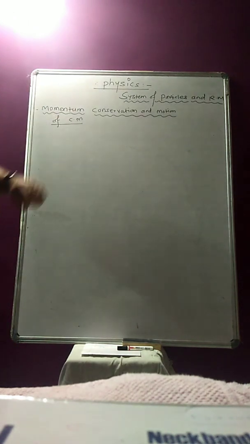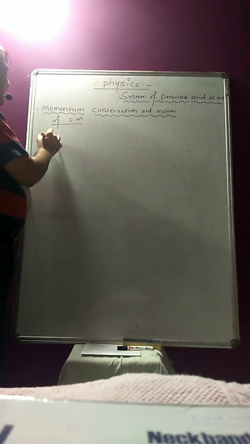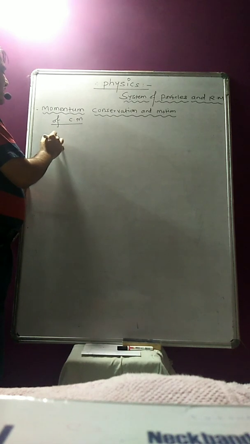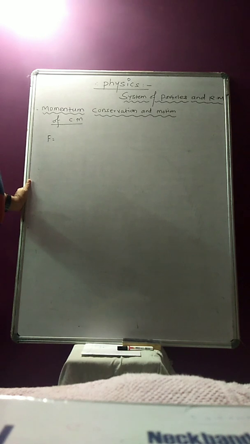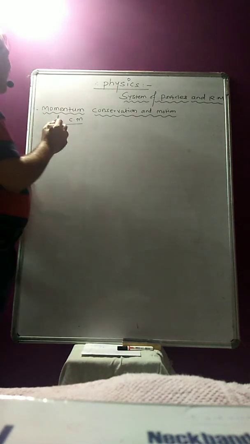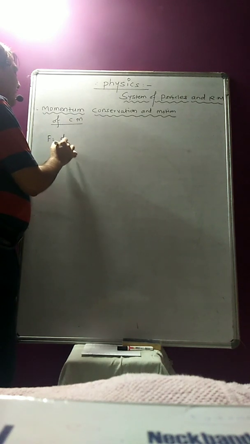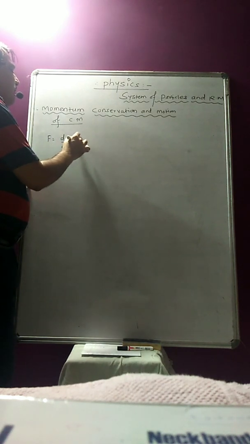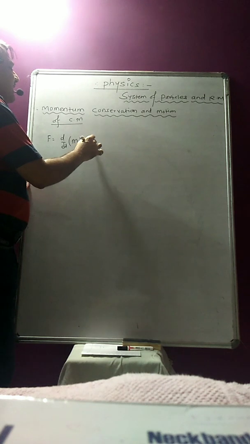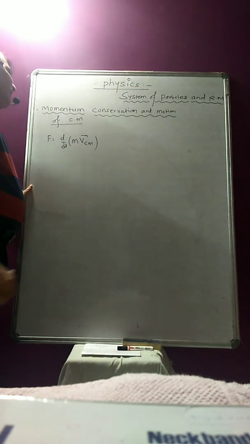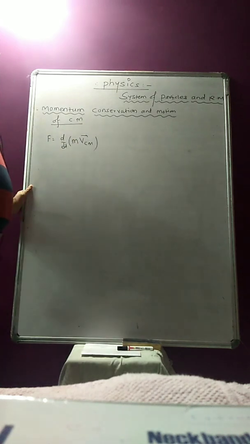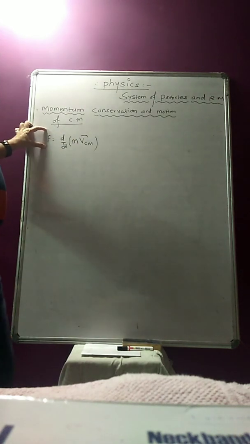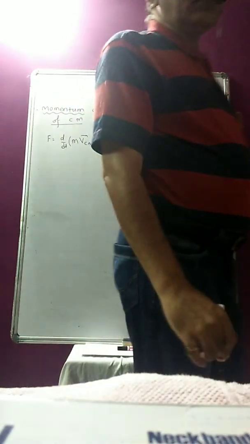For that, I will first consider the external force. According to Newton's second law of motion, F is equal to the rate of change of momentum with respect to time. So F is equal to dp by dt, that is d by dt of m into the velocity vector of the center of mass. That is the external force which is acting on the body.